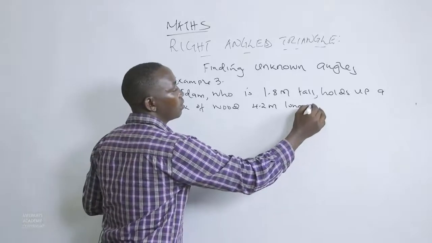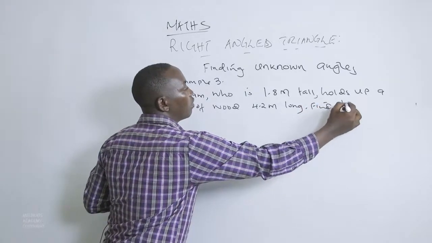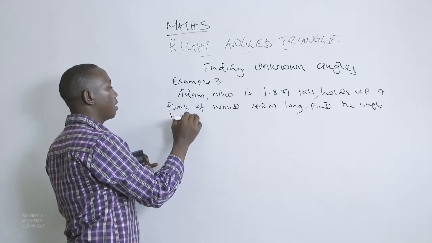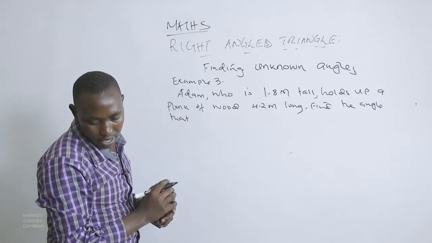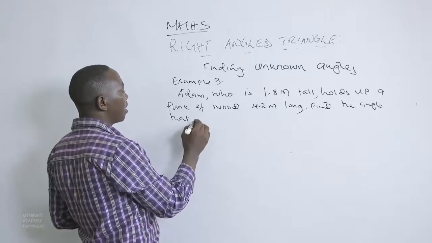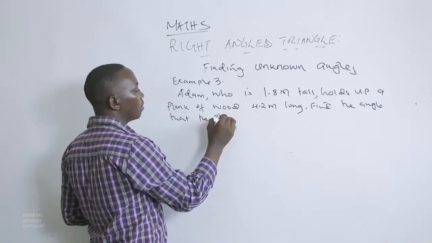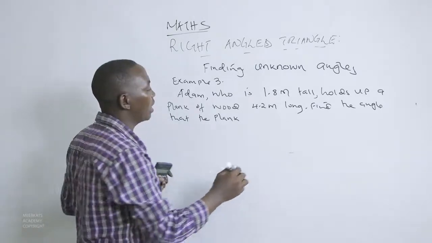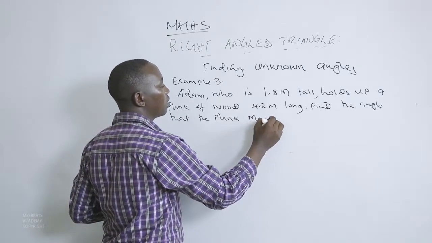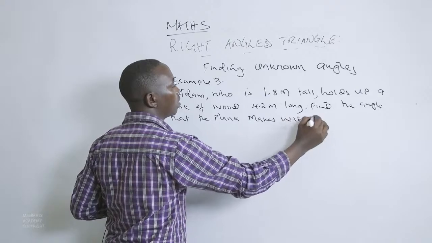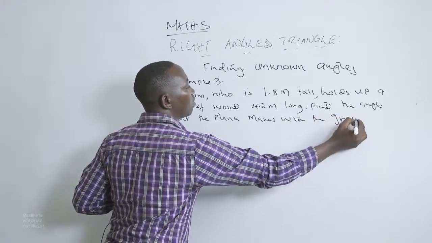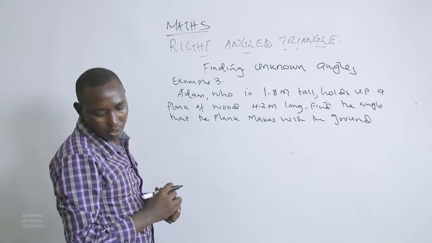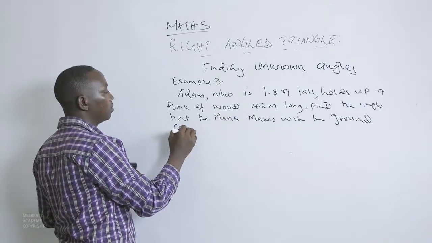Find the angle that the plank makes with the ground, correct to 1 decimal place.